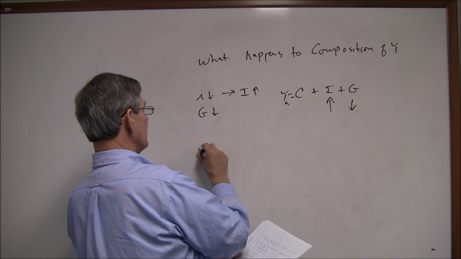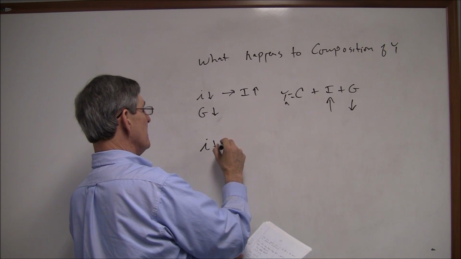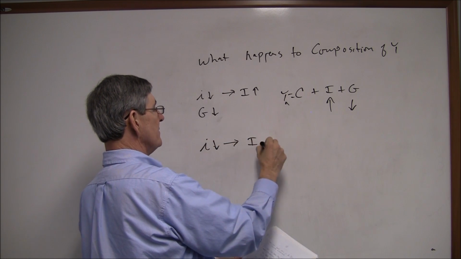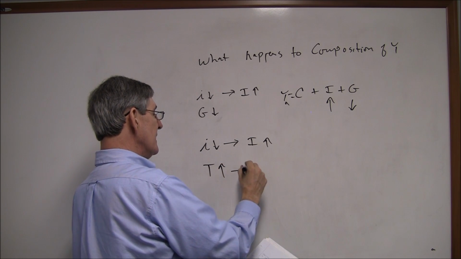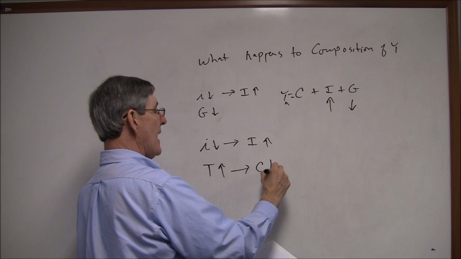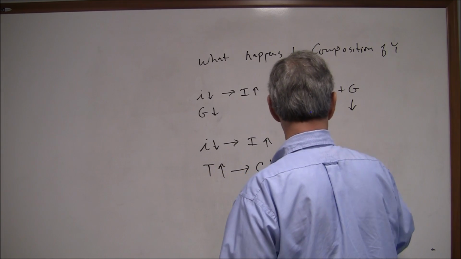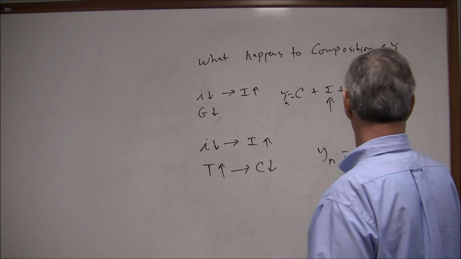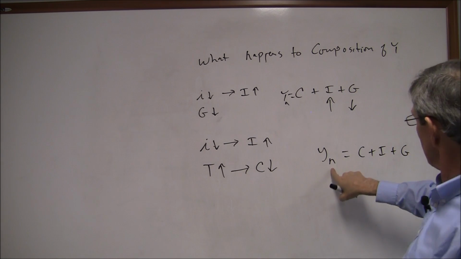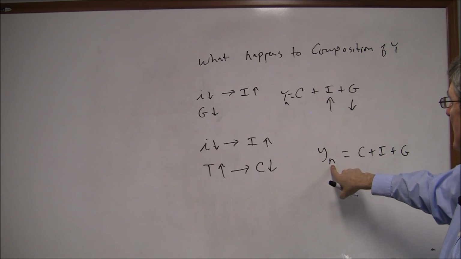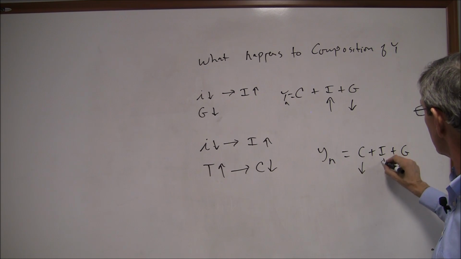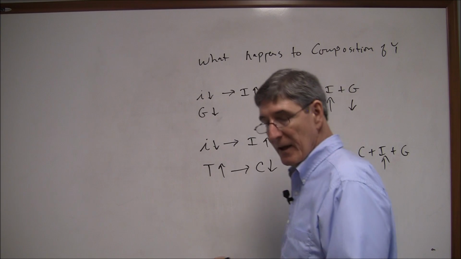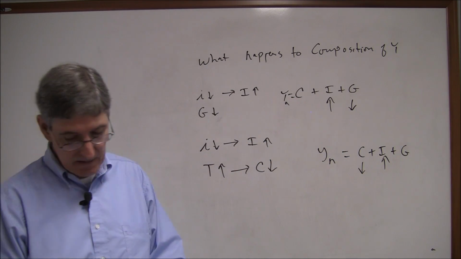Again, the monetary policy will cause I to go up. If instead we had raised taxes, this would cause consumption to go down. So in this case, I'm writing YN here to emphasize this side stays constant. What we'd be doing is trading household consumption for business investment as we did our fiscal consolidation.